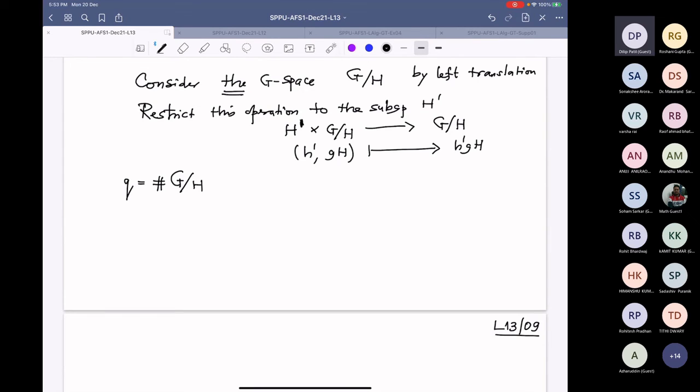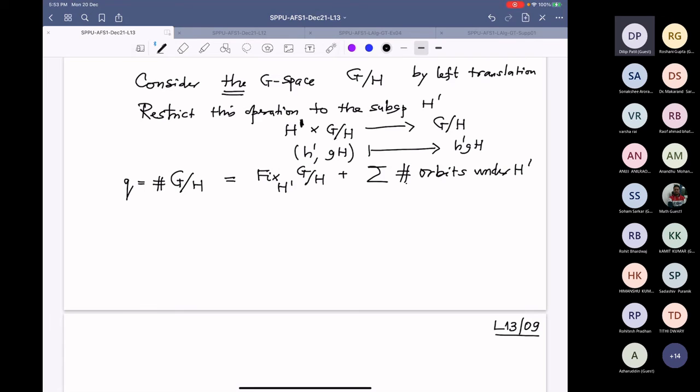And this cardinality is equal to the fixed points of the H prime action on G by H, plus the cardinalities of the orbits which have more than one element. So this is the sum of the cardinalities of the H prime orbits, orbits under H prime.